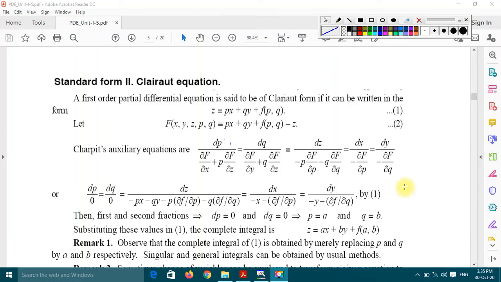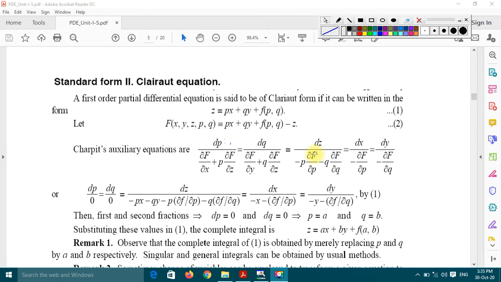Dear student, in this class we discuss Clairaut's equation because we are discussing the solution of Charpit's method, and there are several standard forms.